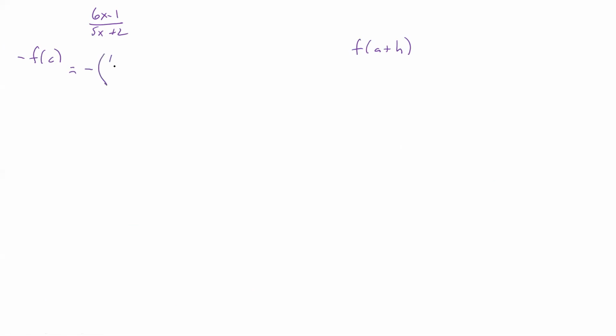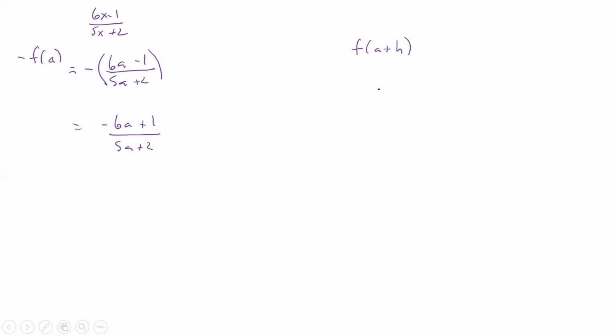So we're going to take 6 times a minus 1 over 5 times a plus 2. And then we just change the sign. And so I'm just going to take that negative and distribute it across the top. And so negative 1 times positive 6a is going to give me negative 6a. Negative 1 times a negative 1 here times a negative 1 here is going to be plus 1. And then we still have 5a plus 2 in the denominator. And so that would be what f of a is when we take the opposite of it.